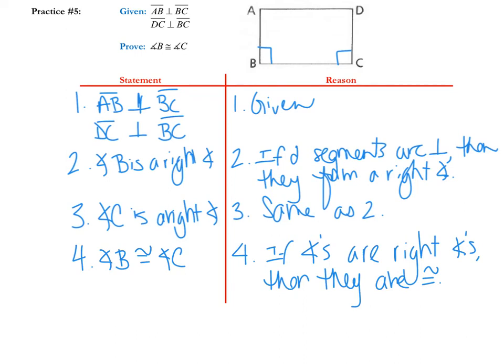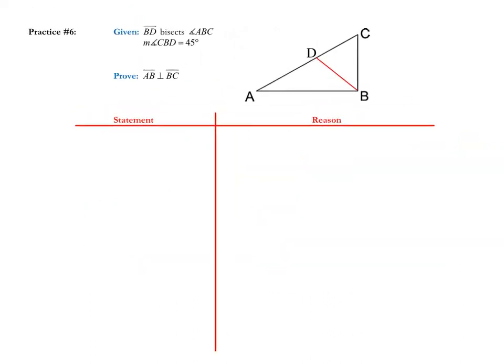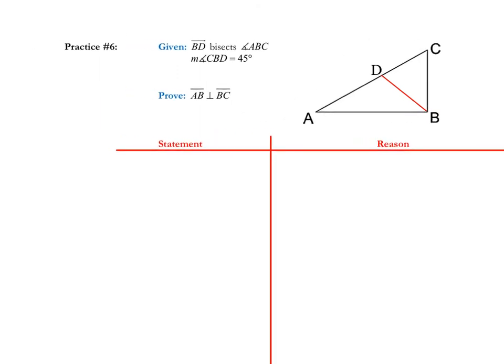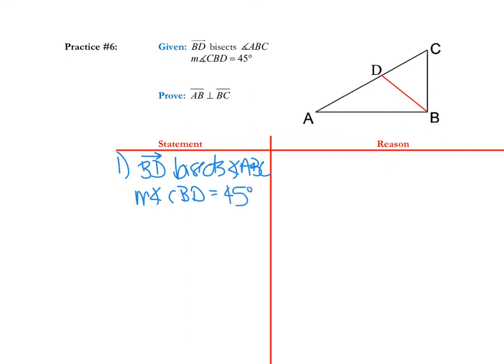All right, let's go to the last slide for the last example. Okay, and this is going to be our most involved one. So first of all, let's mark our givens. Ray BD bisects angle ABC, and measure of angle CBD is 45 degrees.